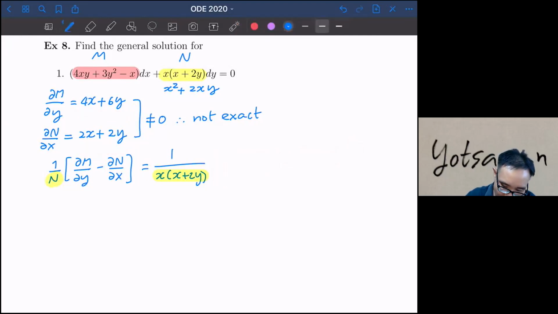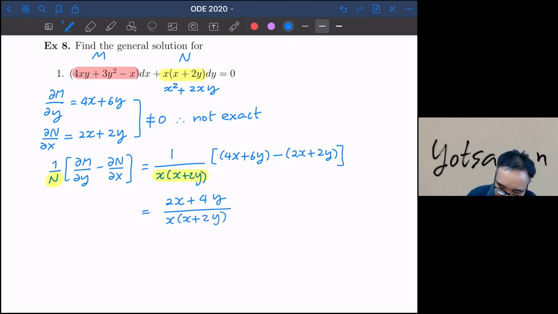Let me write them down. It's going to be 4x plus 6y, subtracted by 2x plus 2y. For this one you get 4x minus 2x, so it's going to be 2x, and 6y minus 2y, so you get 4y, and you have everything over x plus 2y.